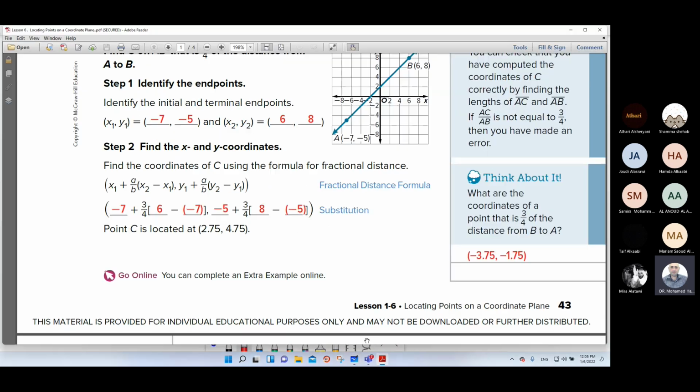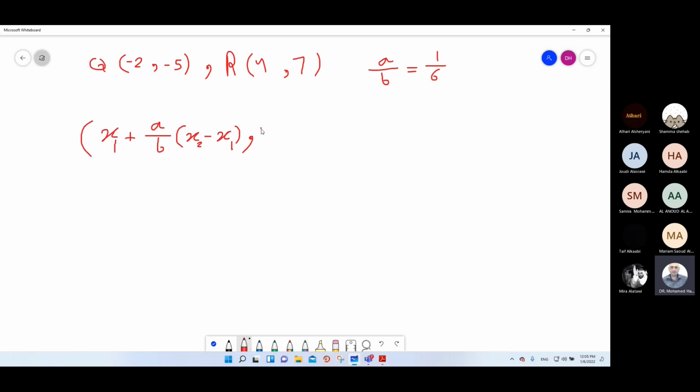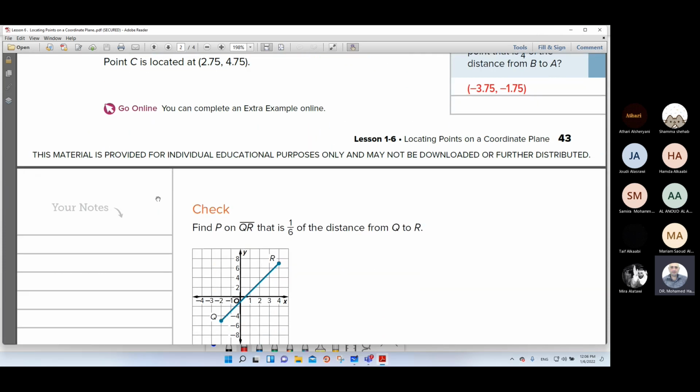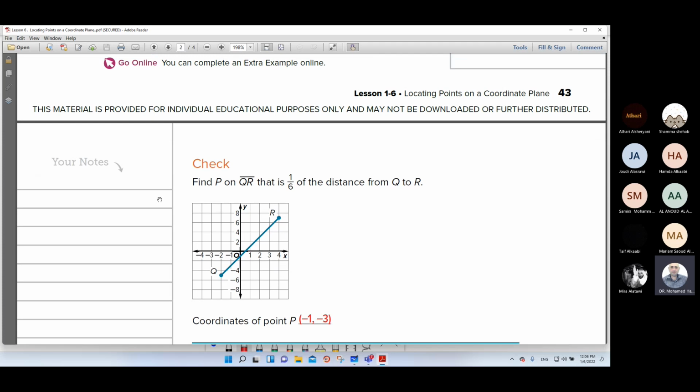Then the second part, start from y1 plus the ratio A over B, multiply between the distance and the y, y2 minus y1. This is the formula to find the point between the endpoints in the segment B.